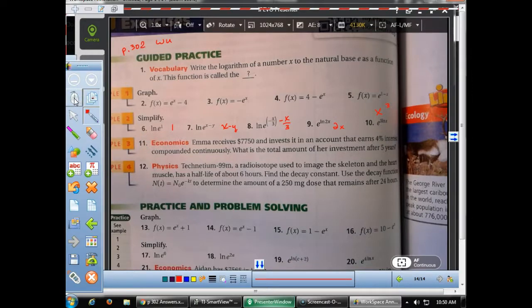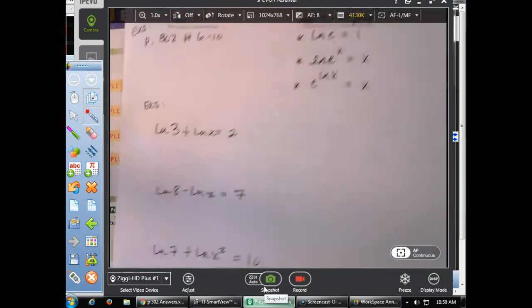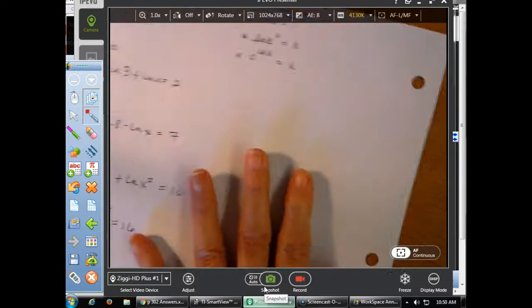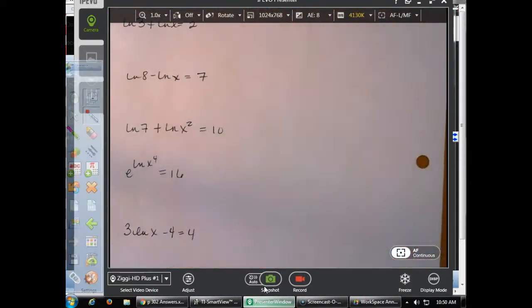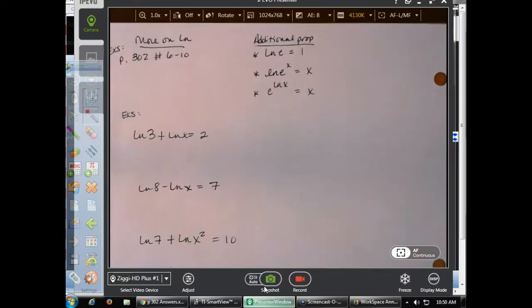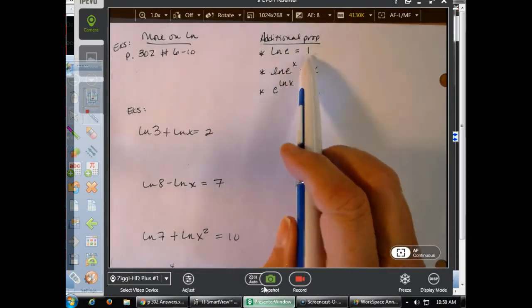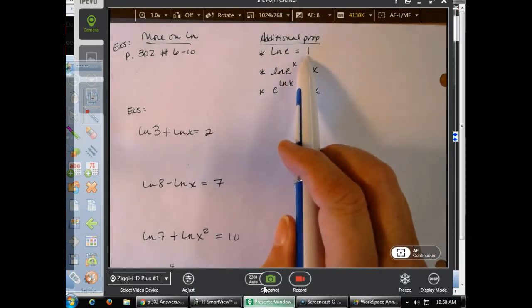Now let's just go to this page, and we're going to do some notes here. Now, this is on your note sheet, so you have this already. Just want to talk through making sure everybody understands these properties. So we just use them. But basically, log base e of e is always going to be 1, because e to the first will give you e.